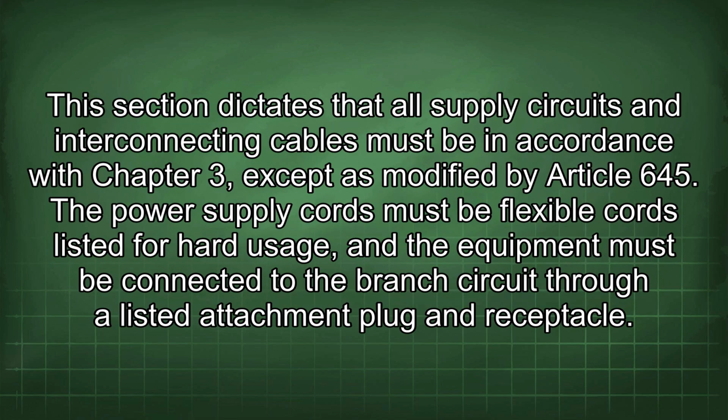This section dictates that all supply circuits and interconnecting cables must be in accordance with Chapter 3, except as modified by Article 645. The power supply cords must be flexible cords listed for hard usage, and the equipment must be connected to the branch circuit through a listed attachment plug-in receptacle.